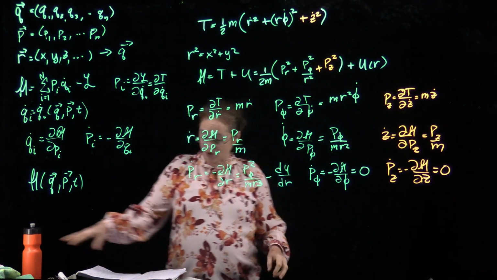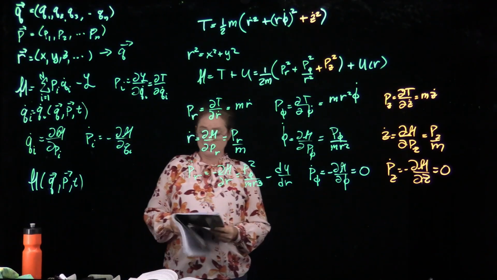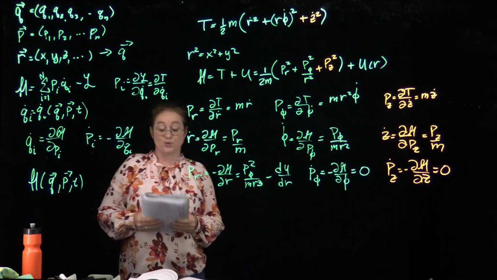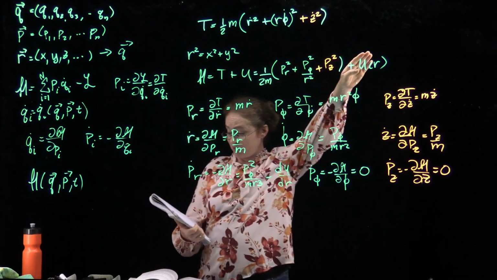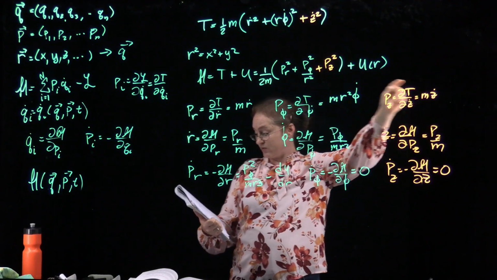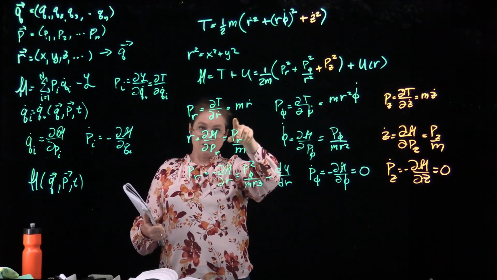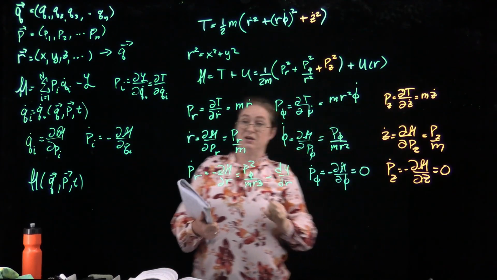All right, so this demonstrates the overall procedure. What we're going to do when we're solving these problems is first choose generalized coordinates qn. Then we're going to write our kinetic energy as a function of qn. We will find the generalized momenta, solve them for the qi dot, which I didn't do explicitly here.